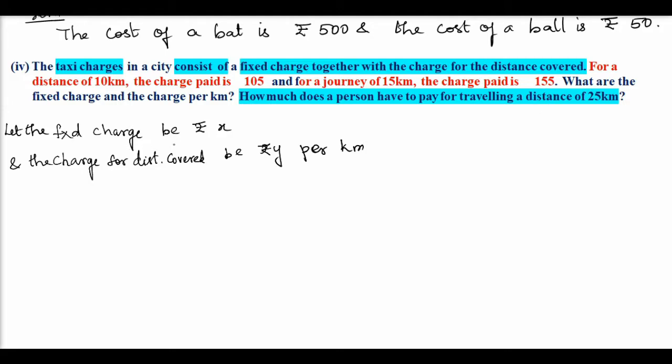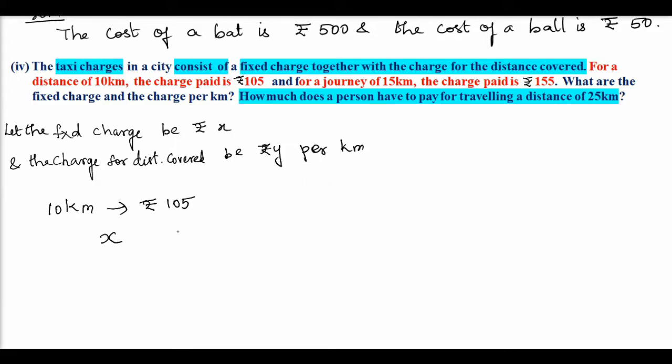For a distance of 10 kilometers, somebody has traveled 10 kilometers and he paid 105 rupees. So somebody has taken the taxi, isn't it? So first he should pay the fixed charge. So he should definitely pay X. Then he should pay the charge for 1 kilometer.